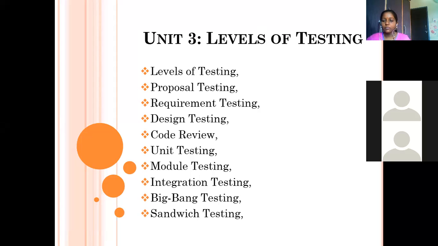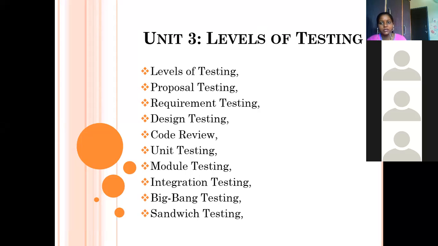Okay, fine. So we will start with our third unit, that is levels of testing. In this particular unit, we are going to cover the different levels of testing: proposal testing, requirement testing, design testing, code review, unit testing, module testing, integration testing, big bang testing, and sandwich testing.